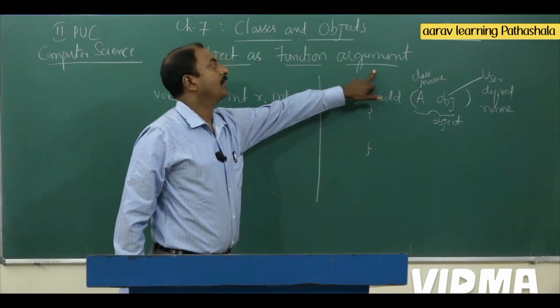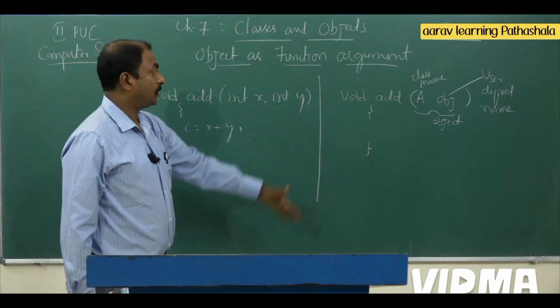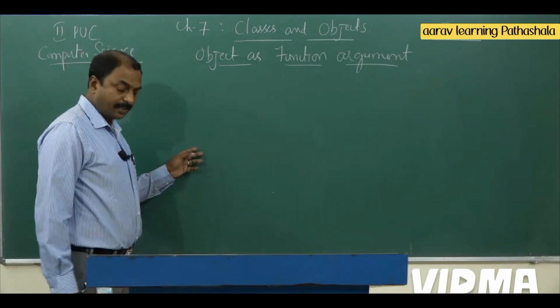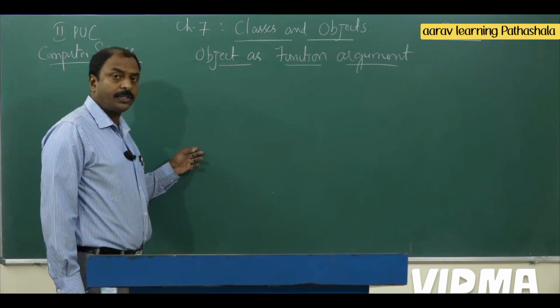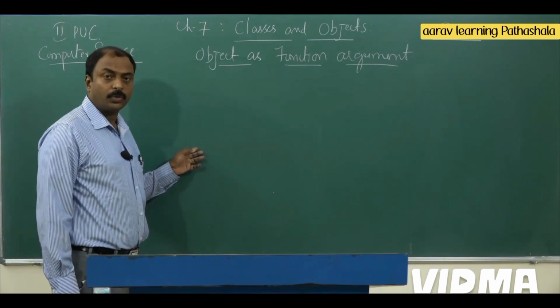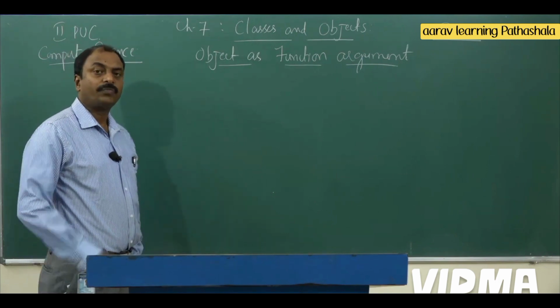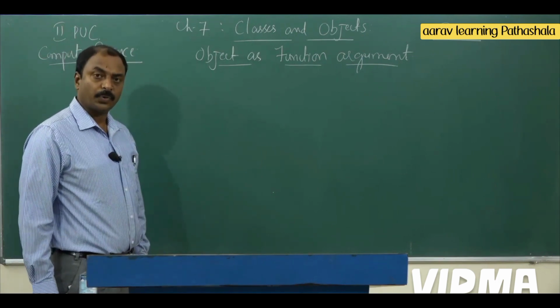Now let me explain the same concept with one simple example. Students, last year in first year PUC you already learned how to invoke a function. There are two methods of invoking a function in a program.